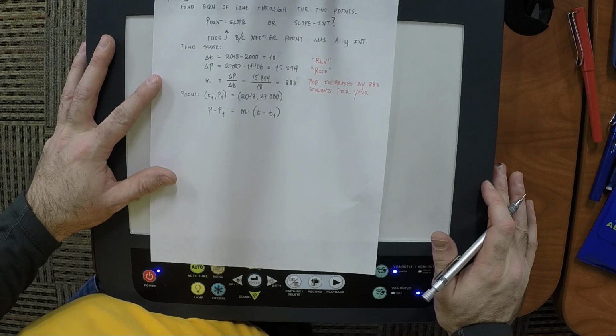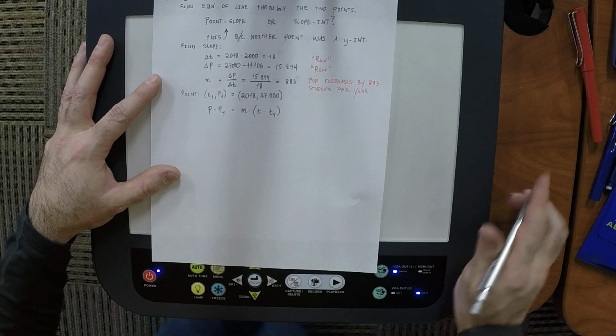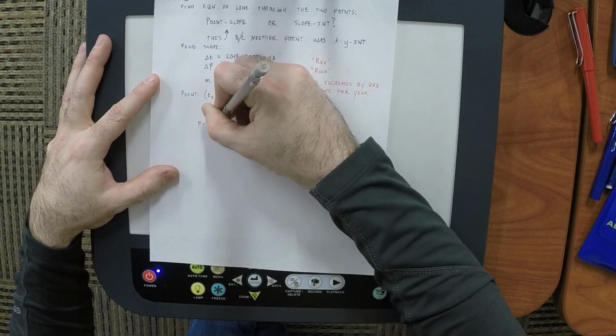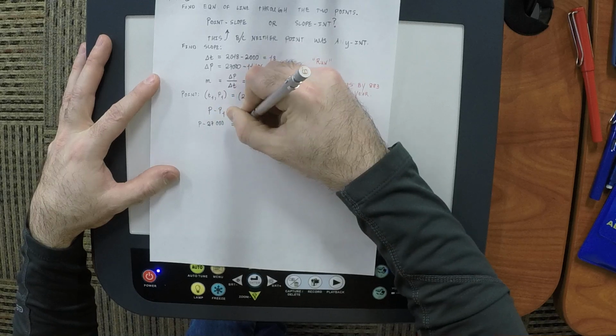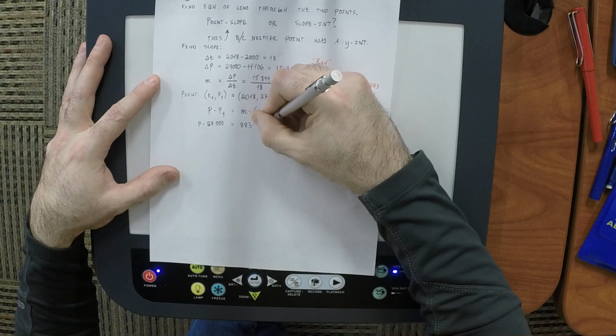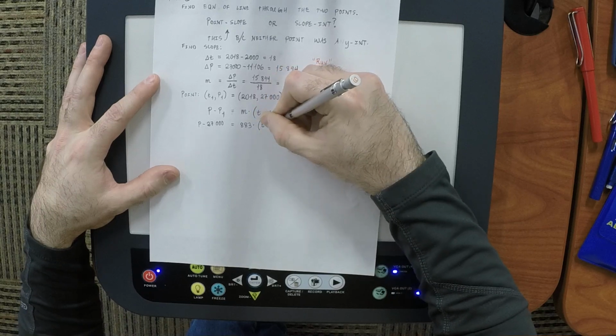So now it's just a matter of plugging in all the things. So P minus 27,000 is equal to 883 multiplied by T minus 2018.